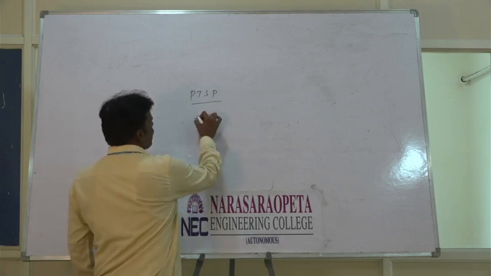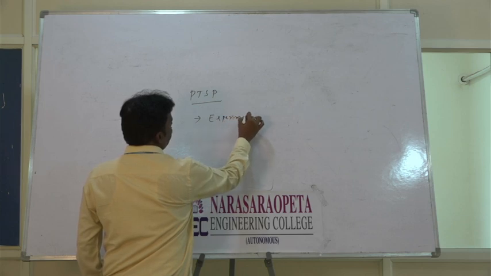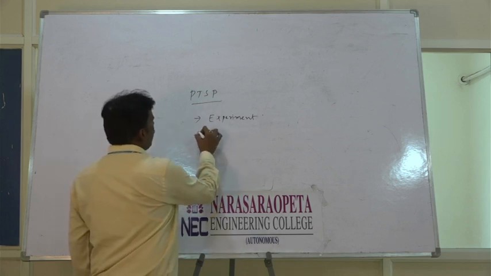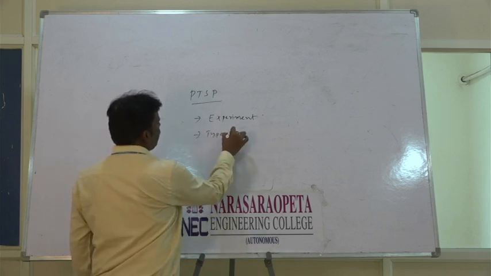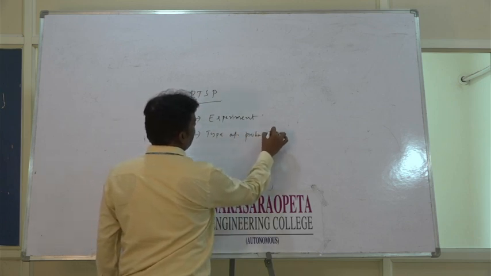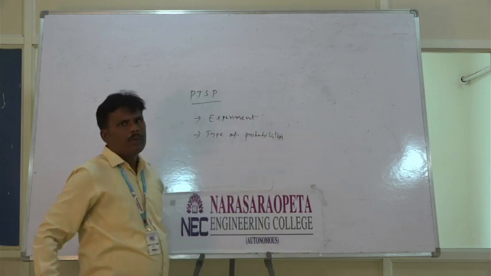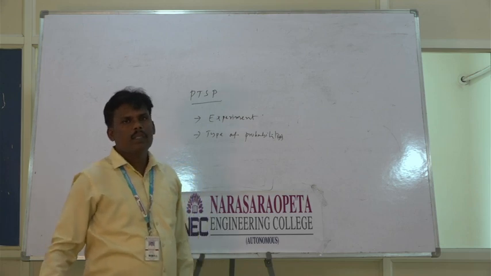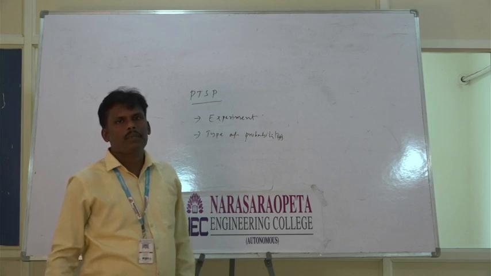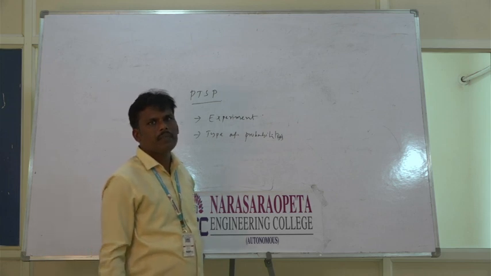The first one is experiment, then types of experiments. An experiment is a systematic procedure for collecting all components, giving some supply voltage, and finally noting down the result.